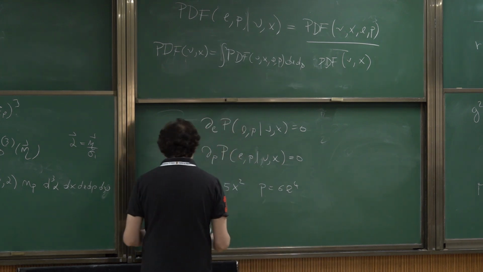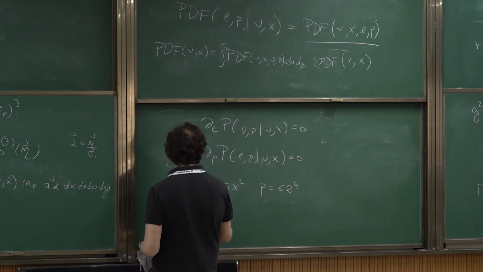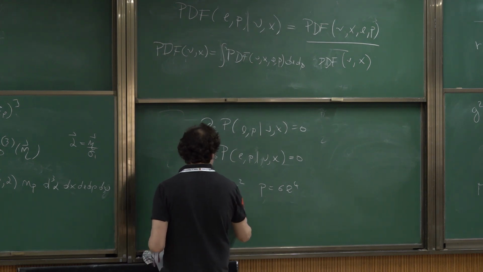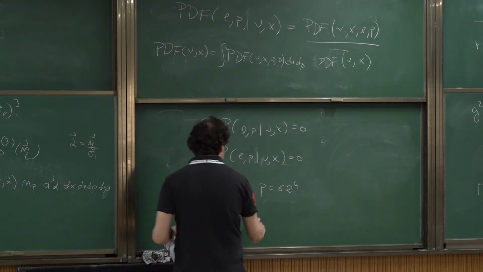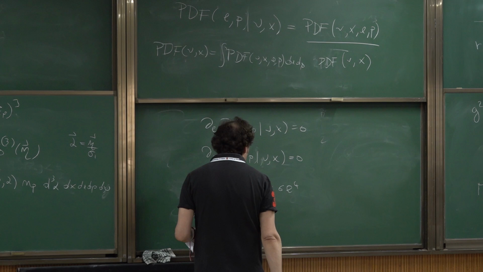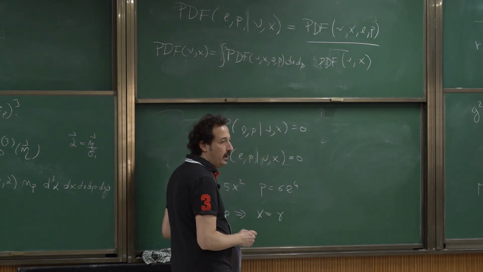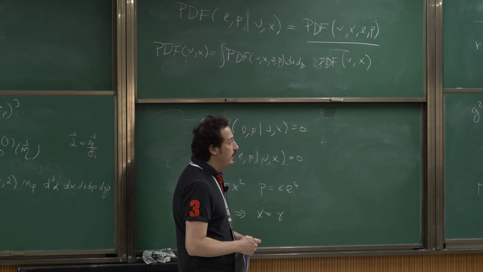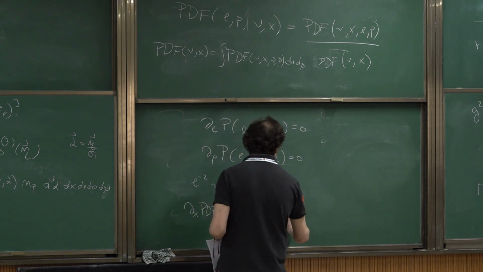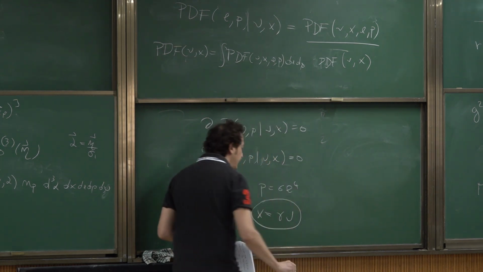So you can take the full probability and take the derivative dx of the PDF equal to 0, and you will find that actually x is equal to gamma, which is a coefficient that depends on our correlation function, multiplied by nu. So this is the key result.